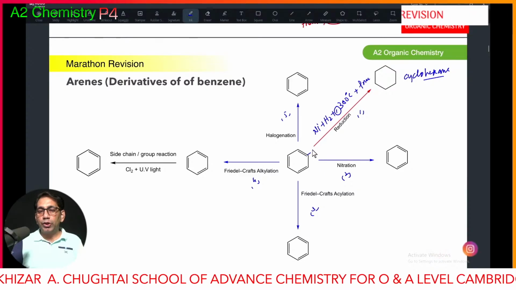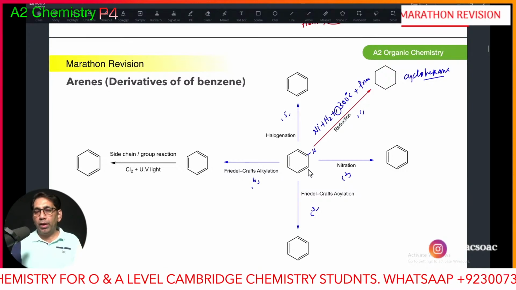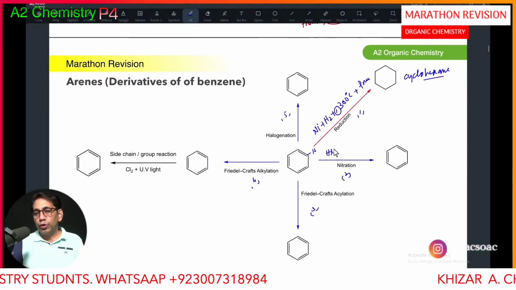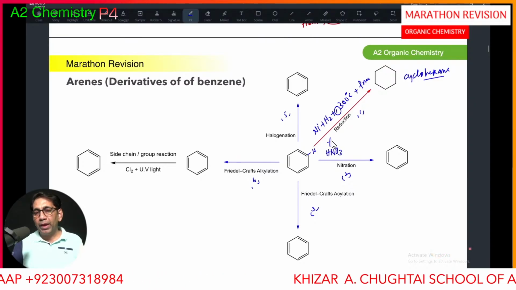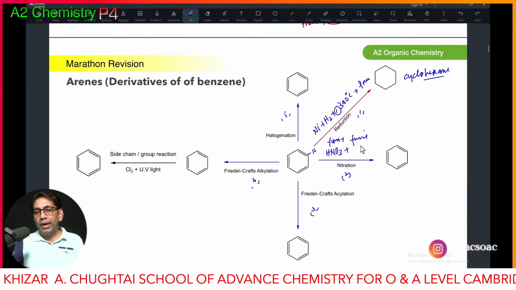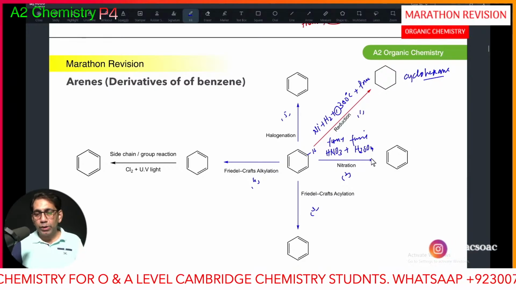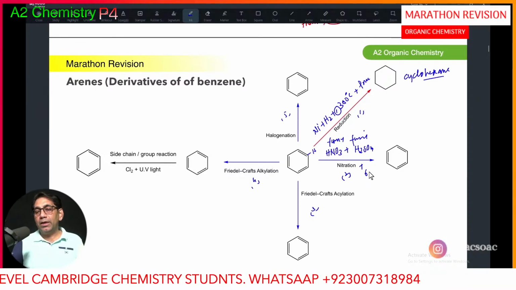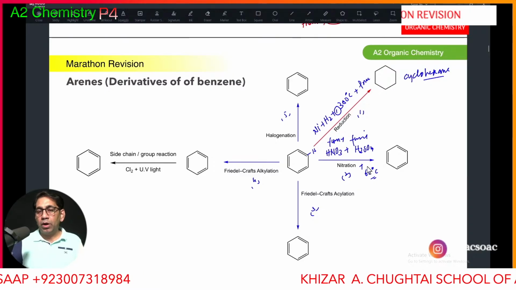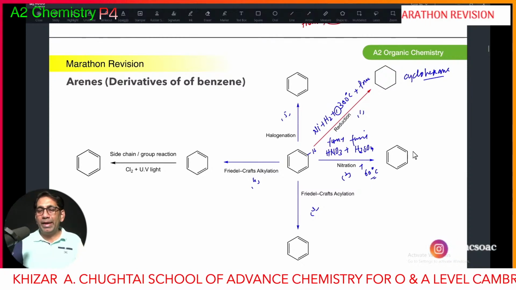I'm going to show one H over here, although all 5 H are present. In nitration, you will have to use fuming nitric acid, highly concentrated nitric acid, plus fuming H2SO4, very concentrated sulfuric acid, plus 60 degrees Celsius temperature. The purpose of keeping the temperature not beyond 60 degrees is to introduce one nitro group on the benzene ring.